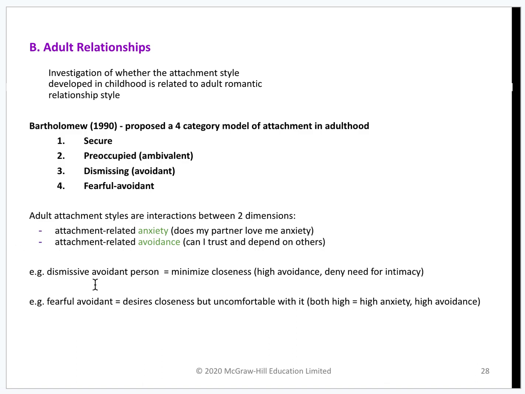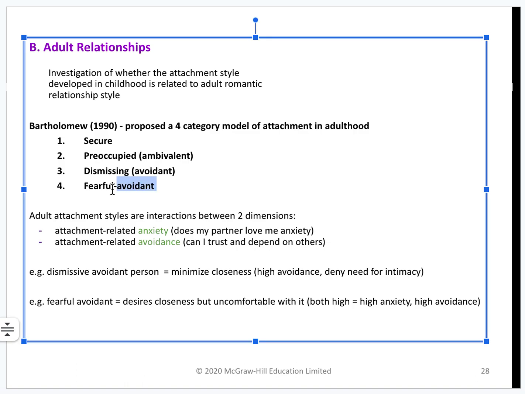So a dismissive, avoidant person equals minimize closeness. So high avoidance and high anxiety. Deny the need for intimacy. And then fearful avoidant, getting tongue-tied again, desires closeness, but they're uncomfortable with it.